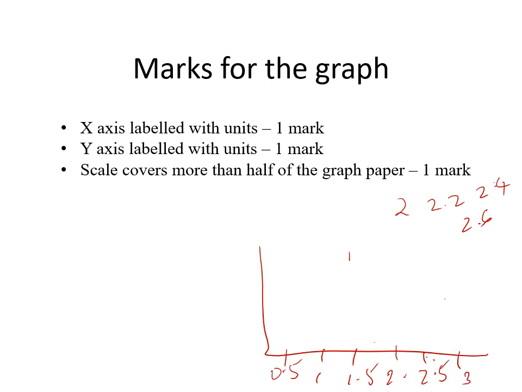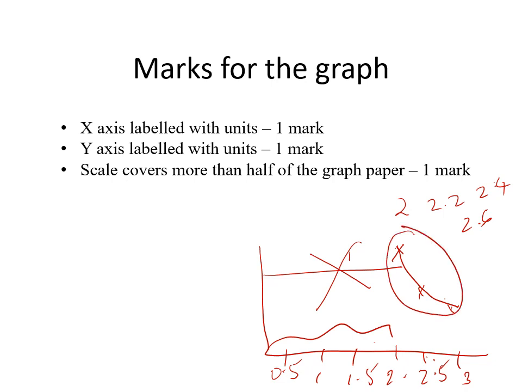But in this case, what happens? You're not going to use any of this area because your plotted points start only from 2. So you're using only this much of your graph paper, and not this much. So this tells you that this scale is not appropriate, and you need to have another scale.